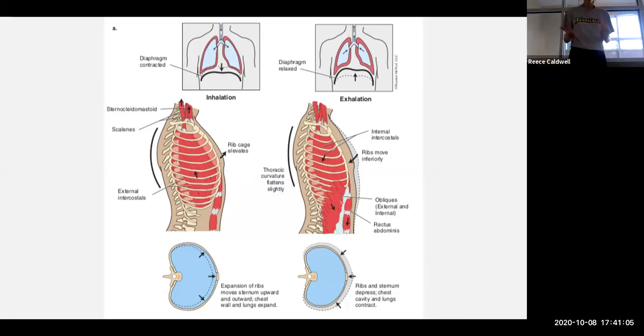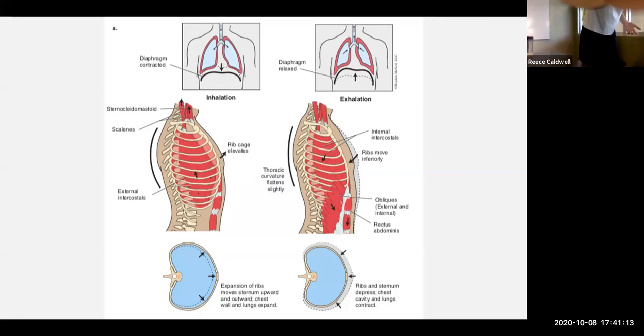But we have two major muscles involved with respiration, and that is the diaphragm, which sits right here. It separates the thoracic cavity from the abdominal cavity. It sits right below your ribs. And then we have the external intercostals, which are the actual muscles of the ribs.